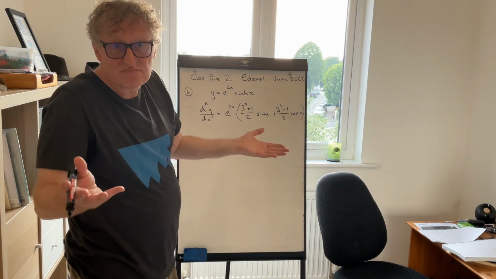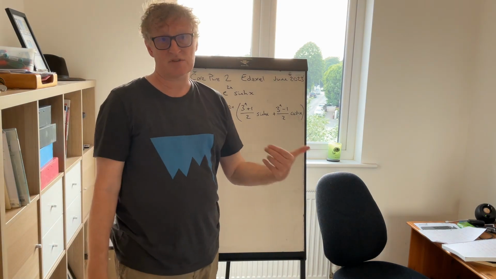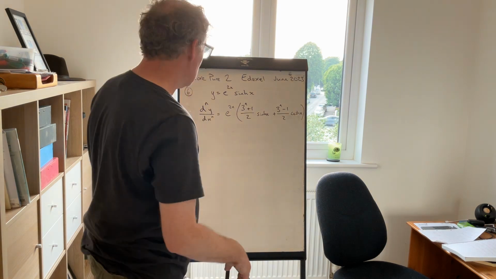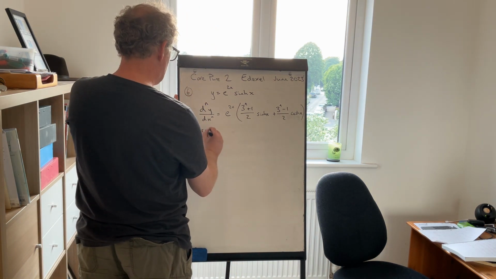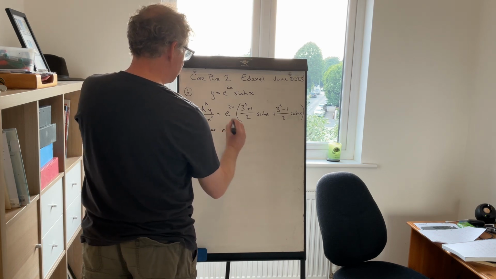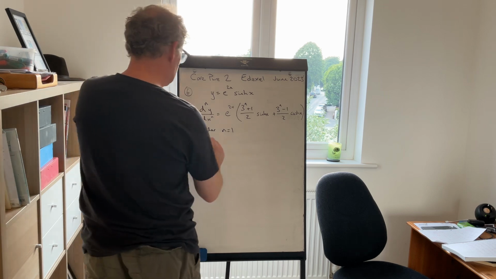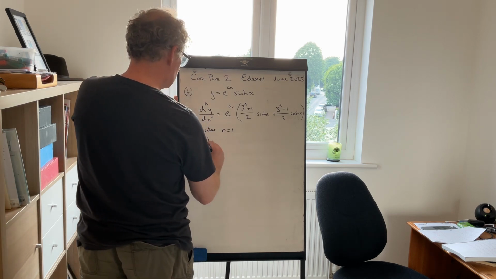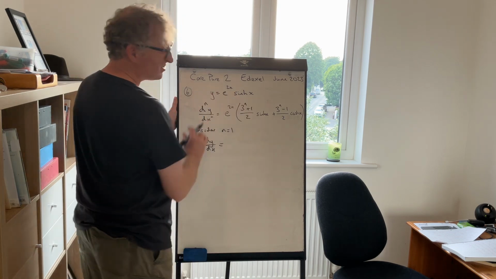Takes the same route that you would normally do with any particular induction. We're going to prove it for a simple case, n equals 1. So we consider n equals 1. So the left-hand side of this, the differential of this, dy by dx, so we're differentiating this.